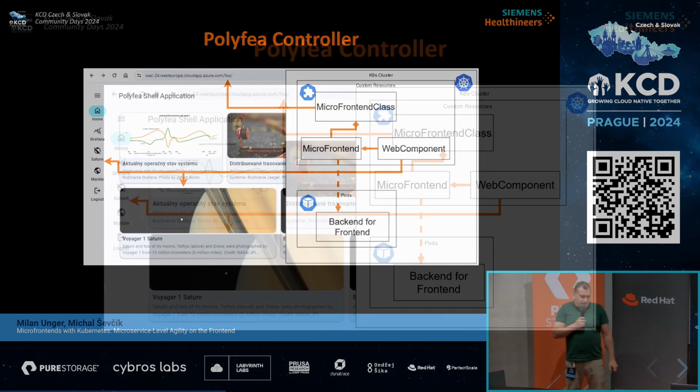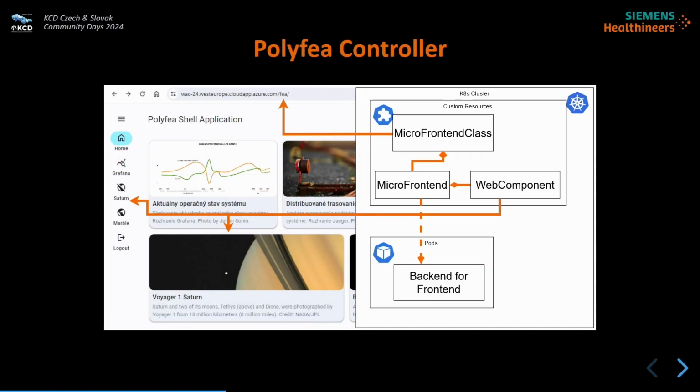This picture depicts how the different custom resources are actually mapping to the UI, right? So we have the Microfrontend class, which is basically the entry point to your single-page application. And our controller can handle multiple Microfrontend classes, so you can have multiple applications basically under it.